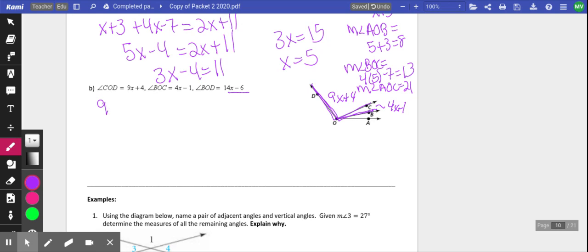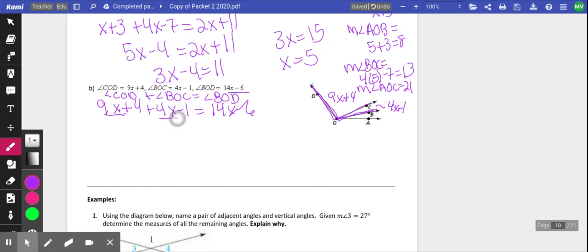So we added those angles. So for 9x plus 4, because we said COD plus BOC gives me BOD. So 9x plus 4 plus 4x minus 1 equals 14x minus 6.